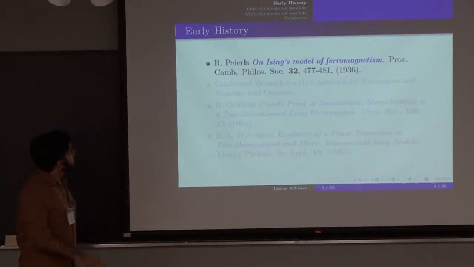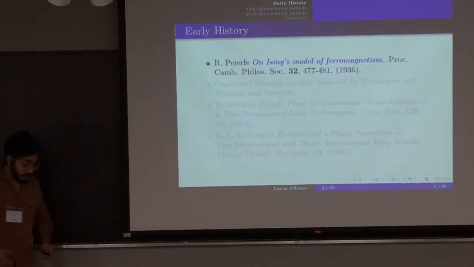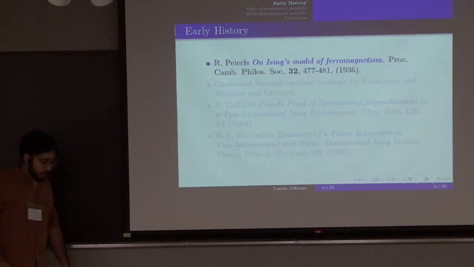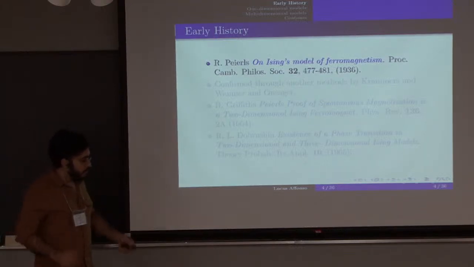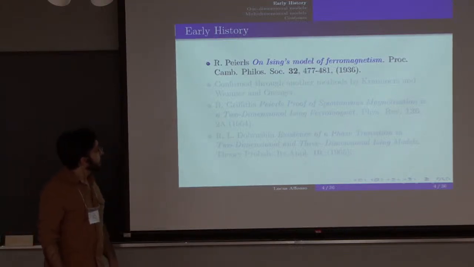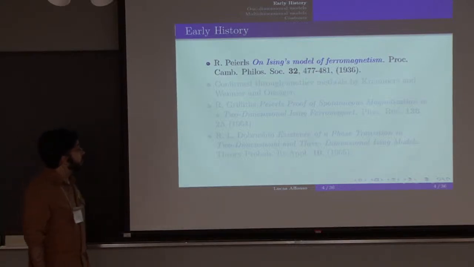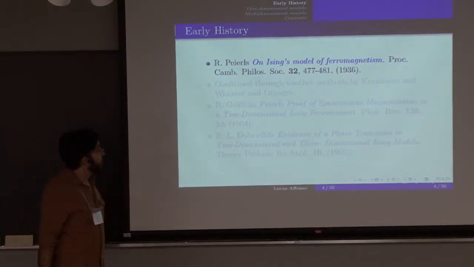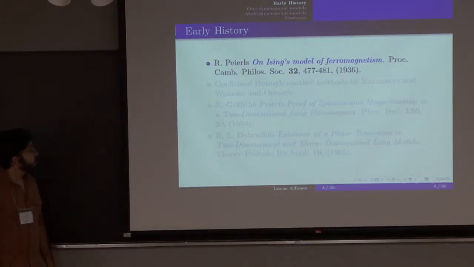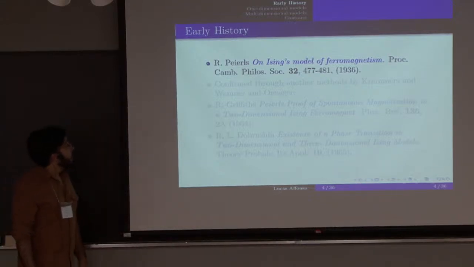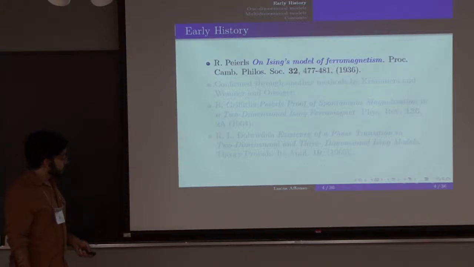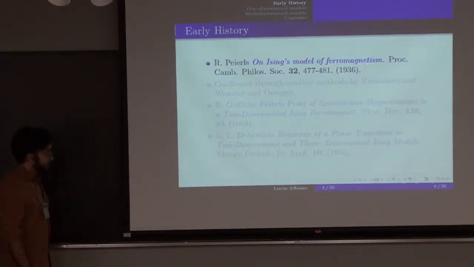So a little bit about the early history of the model. What happened is that Ising solved the one-dimensional nearest neighbor Ising model, and then he concluded erroneously that there would not be phase transition for any dimension for this model. And then Peierls showed that this was wrong indeed, in this paper in 1936.